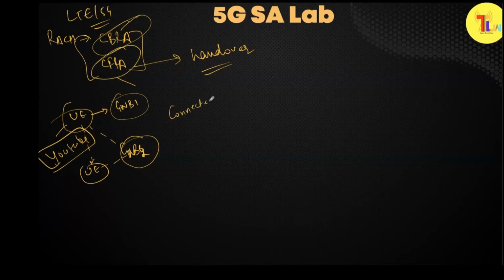Whatever is happening in connected mode will be CFRA, and whatever is not in connected mode, such as idle mode or other cases, will be CBRA. To understand more, we need to understand what is being sent in the RACH message from the UE to your E node B or G node B.